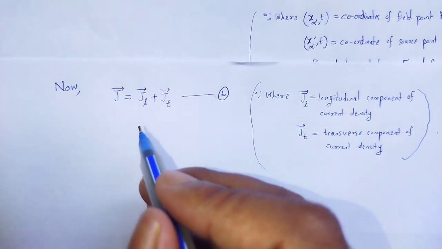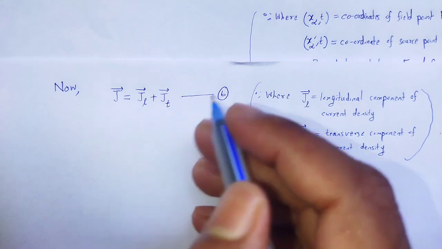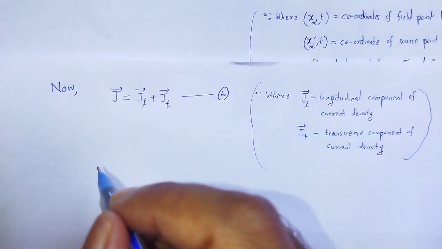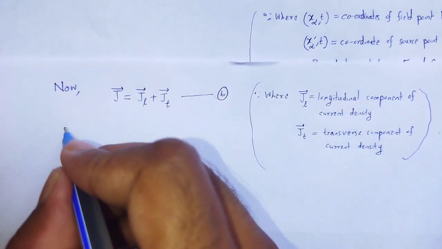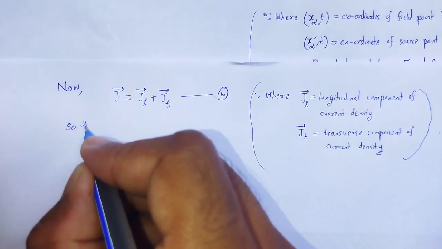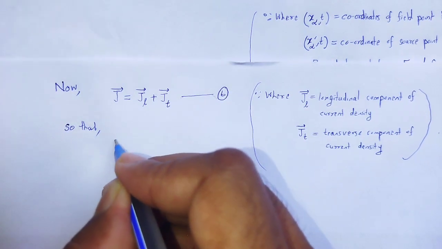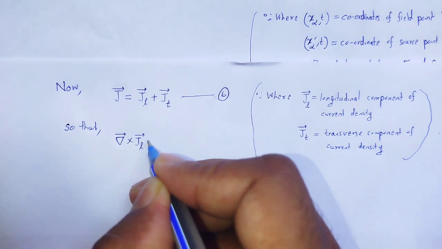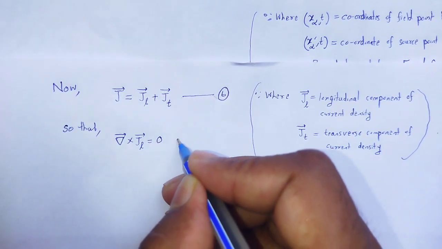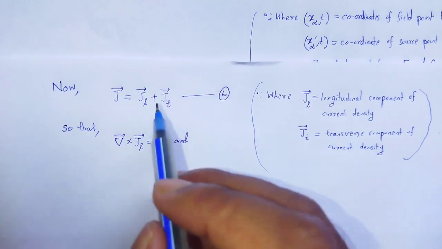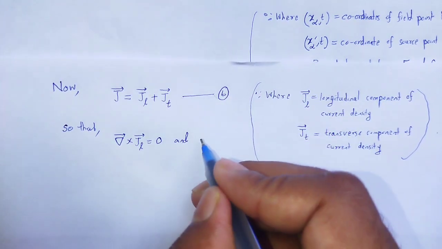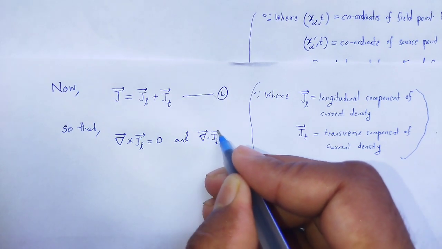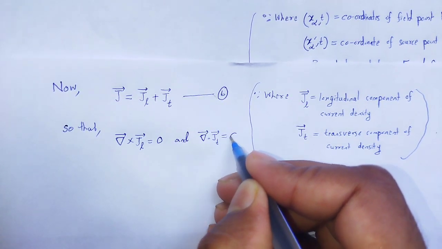And the condition for the longitudinal and transverse components of current density is that the curl of the longitudinal component is equal to 0 and the divergence of the transverse current density component is equal to 0.